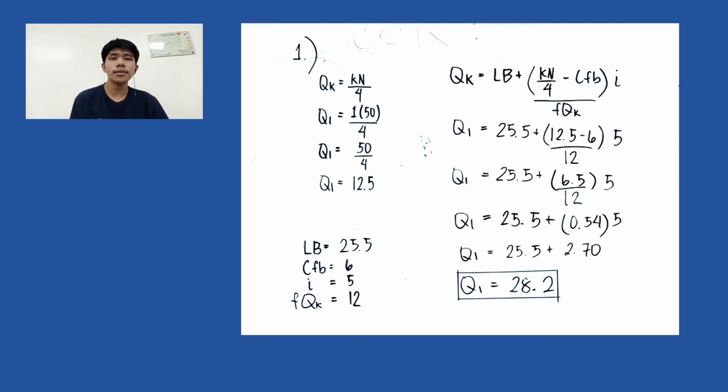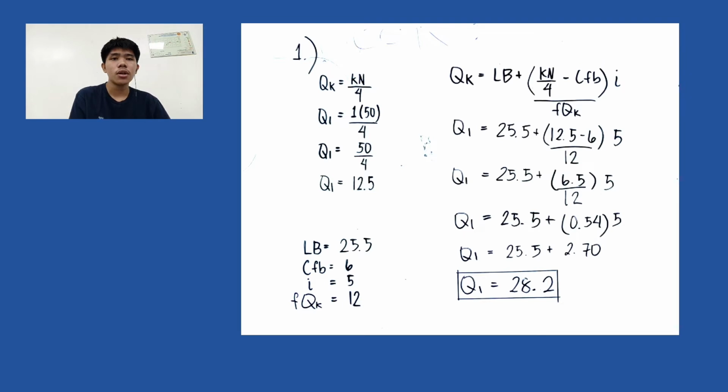So Q sub 1 is equal to 25.5 plus 0.54 times 5. Next, we will multiply 0.54 by 5. Q sub 1 is equal to 25.5 plus 2.70.